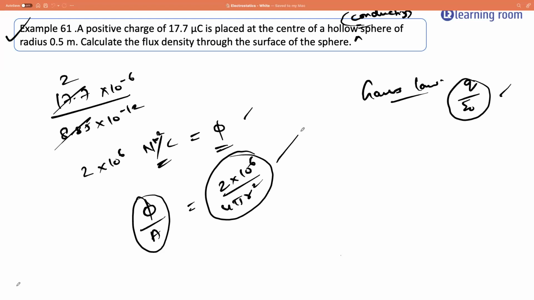Because what does the definition tell you? The number of field lines passing through a surface. But the important point we need to focus upon is passing through the surface perpendicular to it. So that word perpendicular is what brings the cos theta into the picture. Okay, sir. Got it, sir.